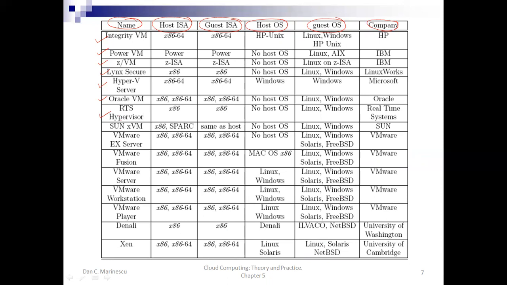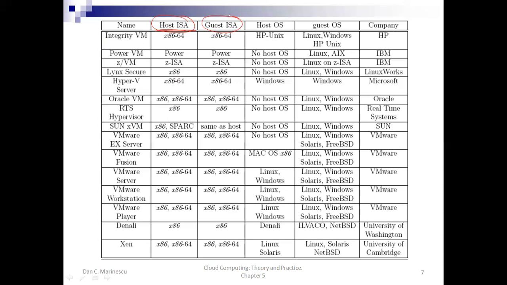So this is a non-exhaustive inventory of system virtual machines. What is the host ISA? The host ISA refers to the instruction set of the hardware. The guest ISA refers to the instruction set supported by the virtual machine.